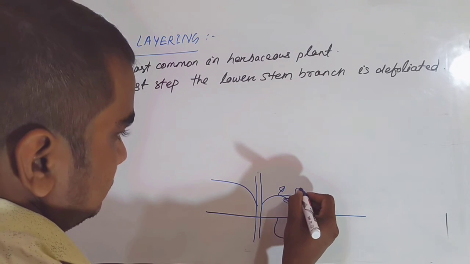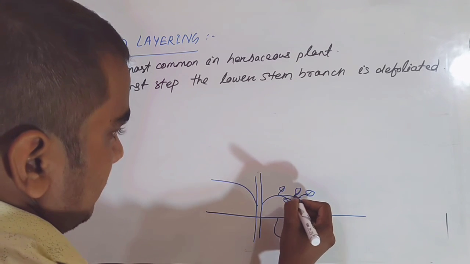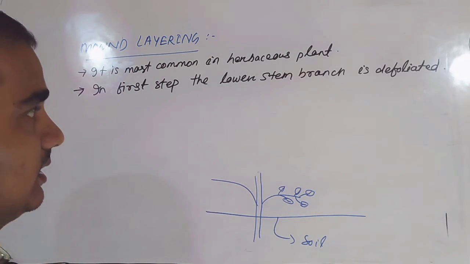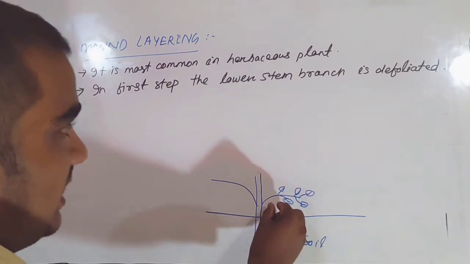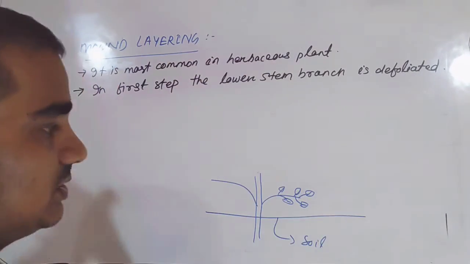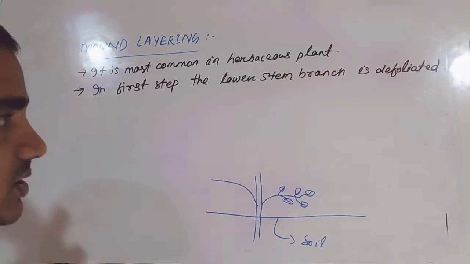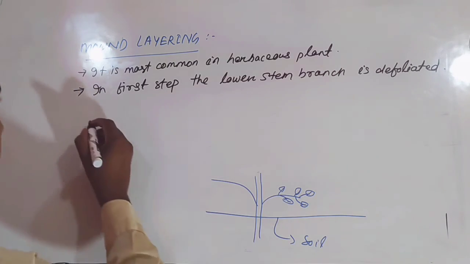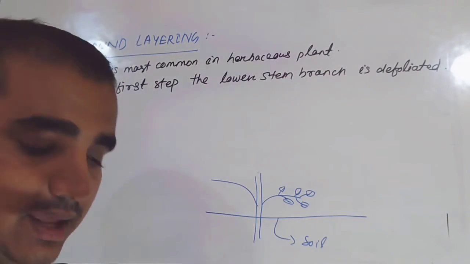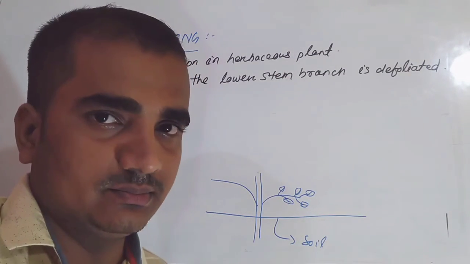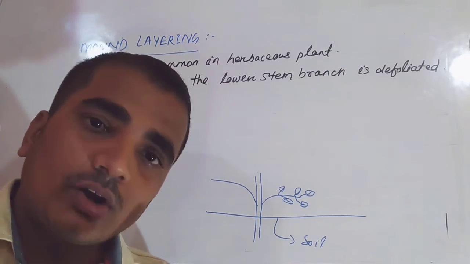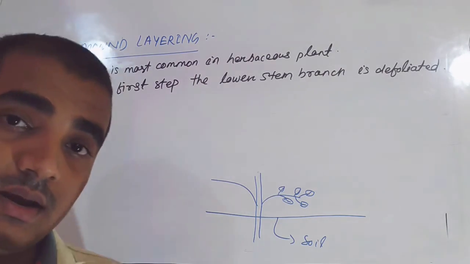Suppose this is the lower stem branch, and in the lower stem branch, first the defoliation process is done. Then in the defoliated region a cut or injury is made.